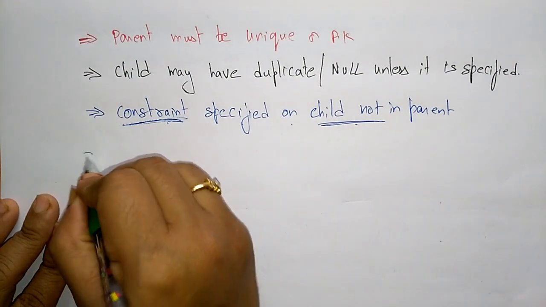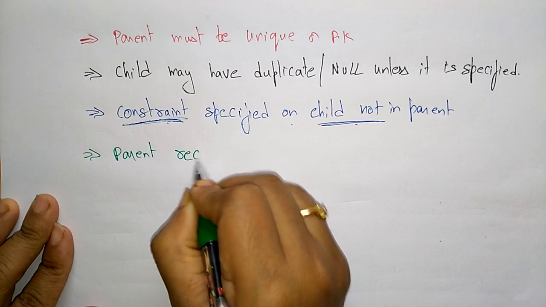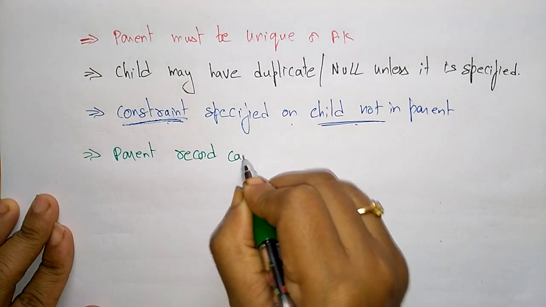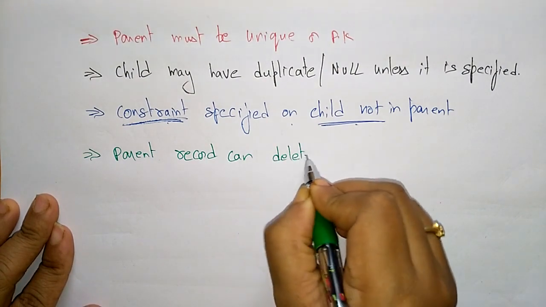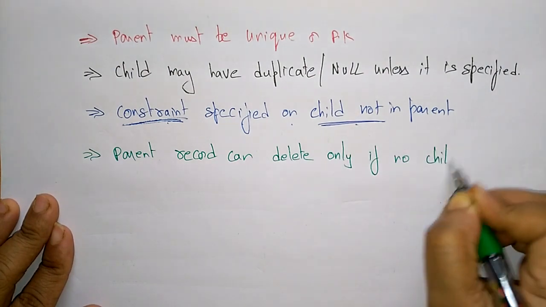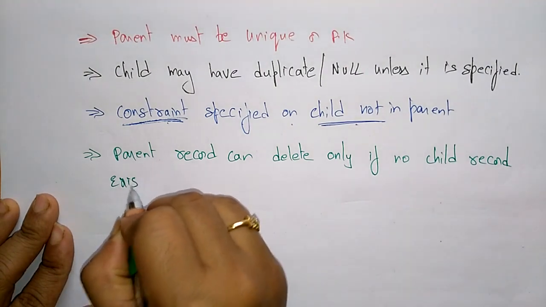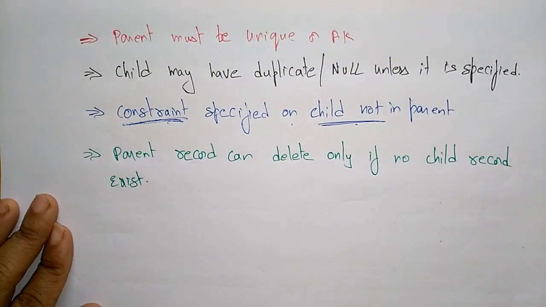And the next point: a parent record can be deleted only if no child record exists. If the child record does not exist, you can remove that value in the parent also.